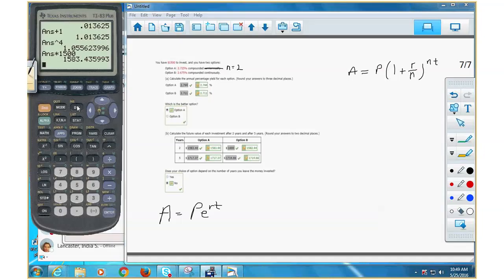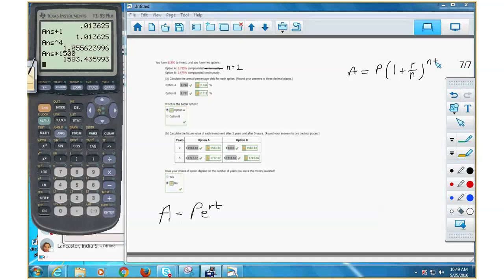Now let's go back and do the other one for 5 years. I think the only thing that will change is that right there. It'll be 5 times what? 5 times 2 is 10.